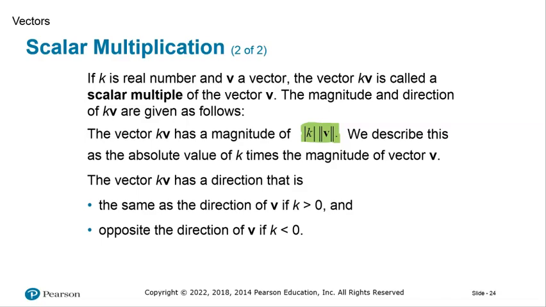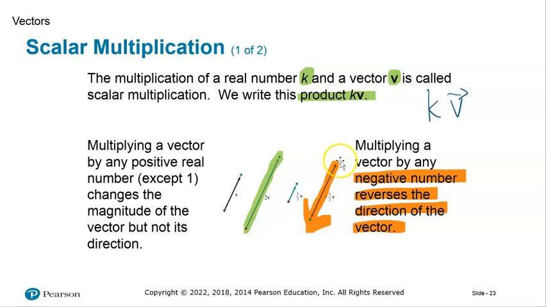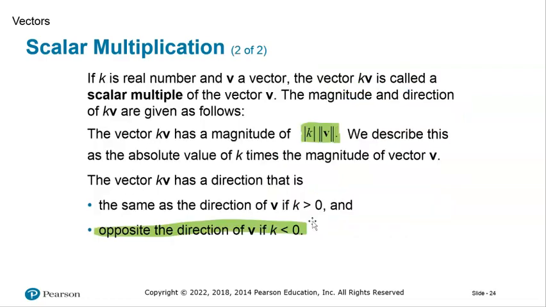So the absolute value of k times the magnitude, which is the length of the vector v. Then kv has a direction that is the same direction as v, as long as k is greater than 0, and the opposite direction of v as long as k is less than 0. Remember, that was our orange highlighted right here, opposite direction, because we multiplied by a negative.